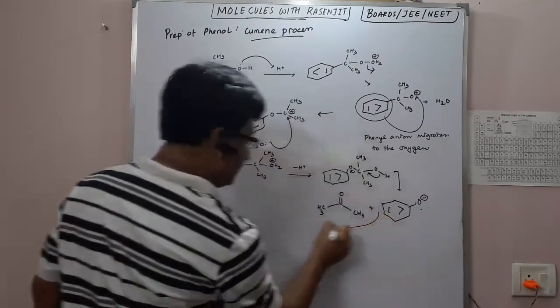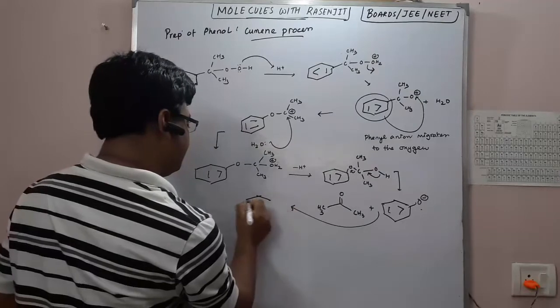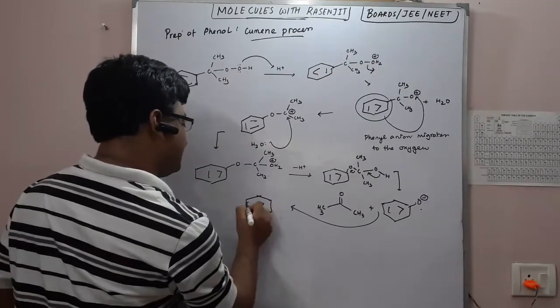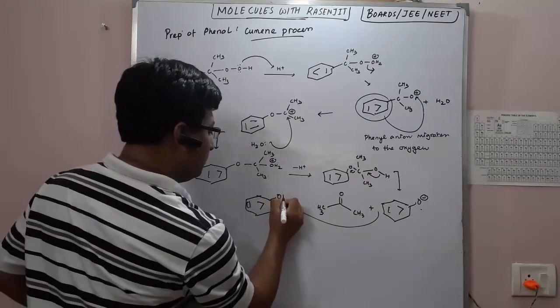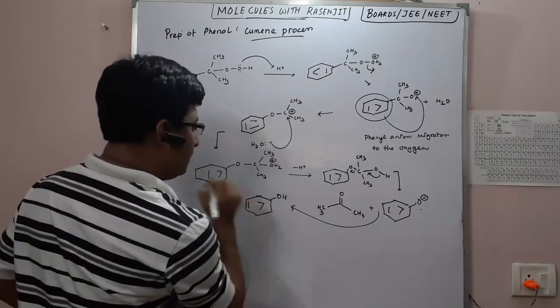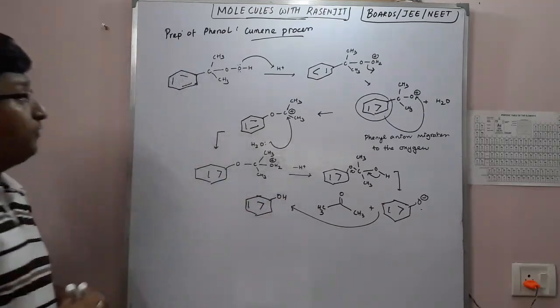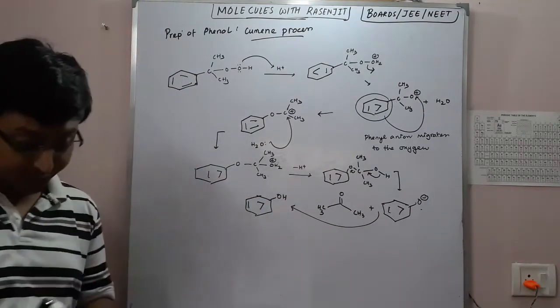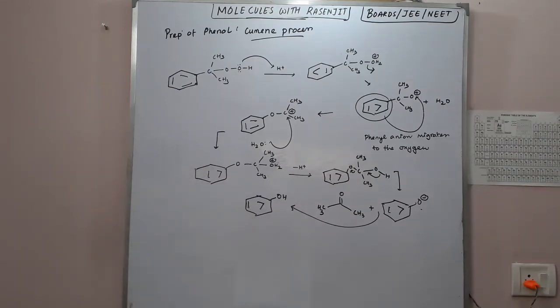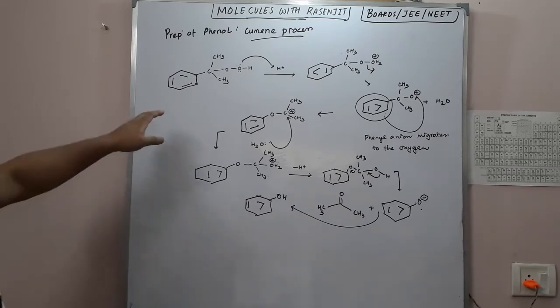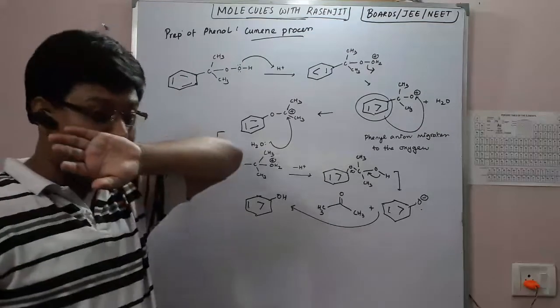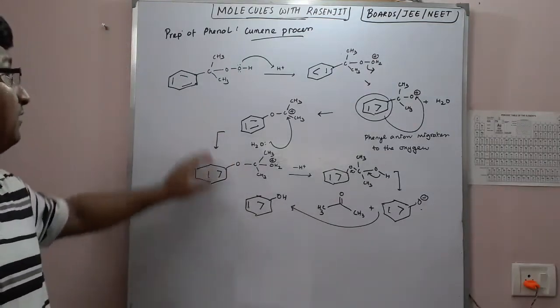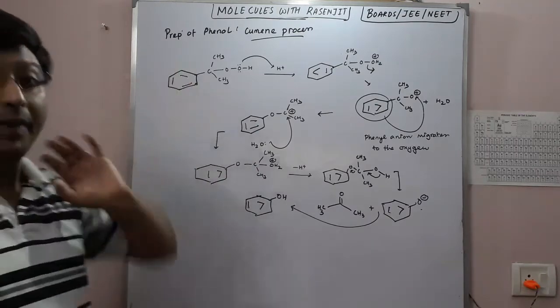Now acid workup changes this anion to phenol. Clear? So what did we start with in the beginning? From the beginning, if you see, we started from benzene and propene. Now they form together cumene.